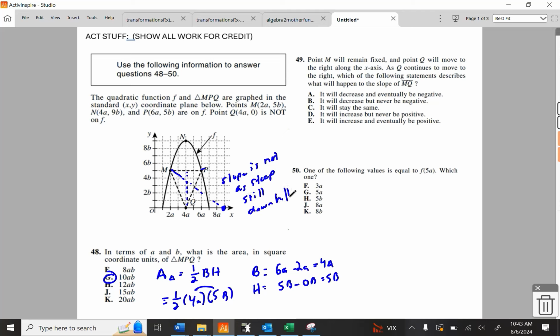And it always will be downhill. It doesn't matter where you put it. If you put it way over here, it's still going to be downhill. So we are decreasing. It says eventually be negative. The slope's already negative.